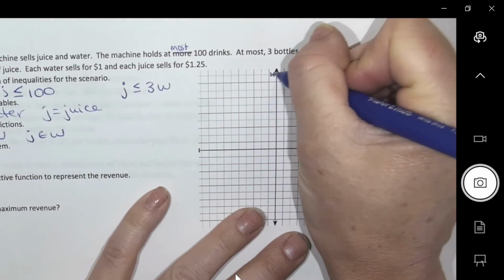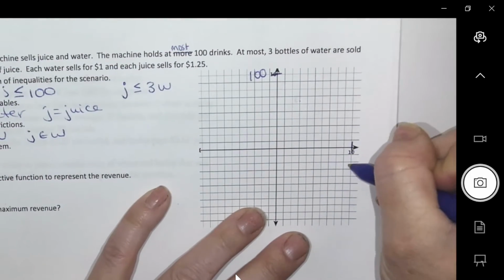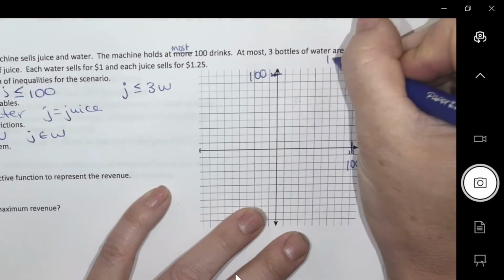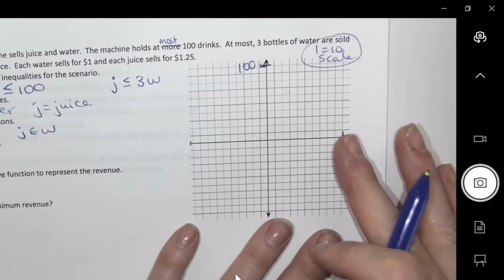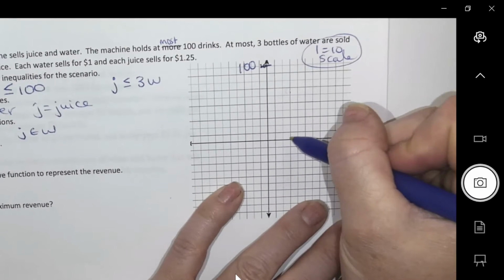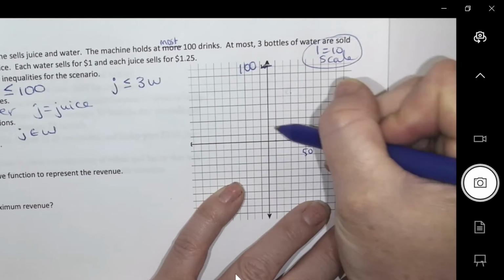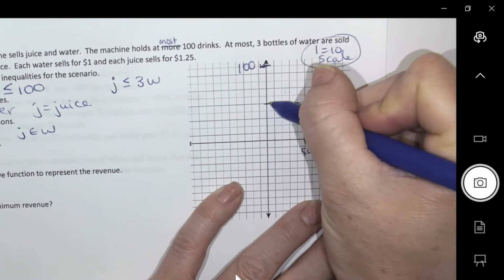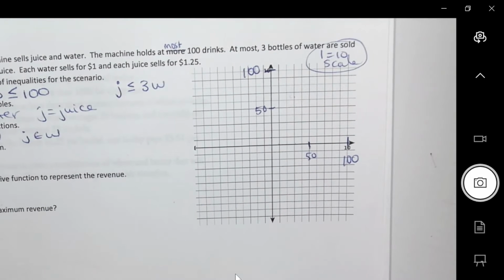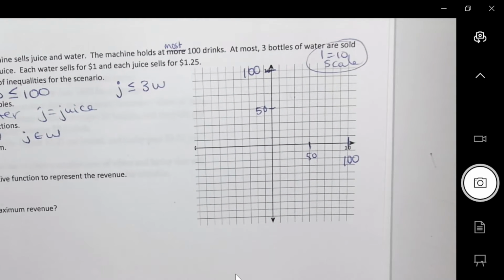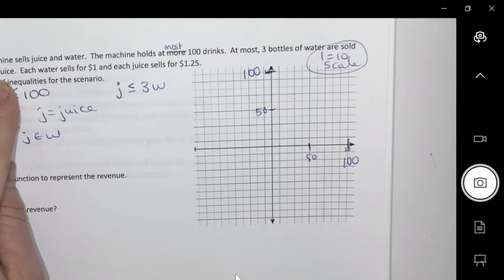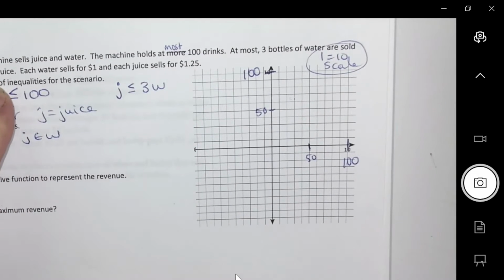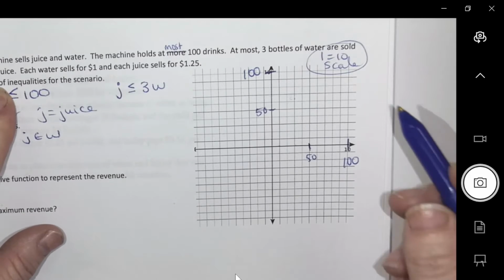Okay, so I'm going to go, the 10 is the new 100. So my scale is 10. So I'm going up by tens. Okay, ready? I'm going to do the intercept method. So if I cover up the J, the W intercept is 100.